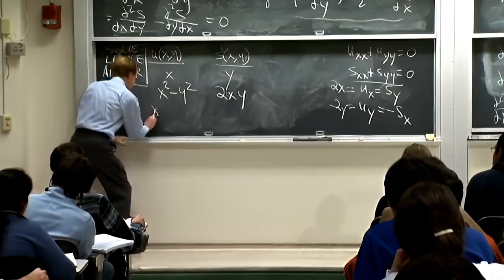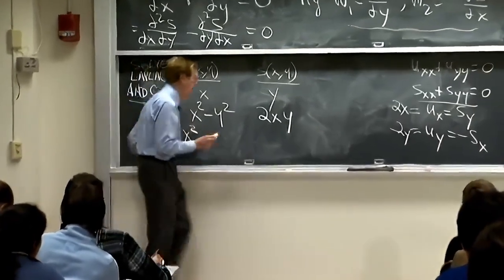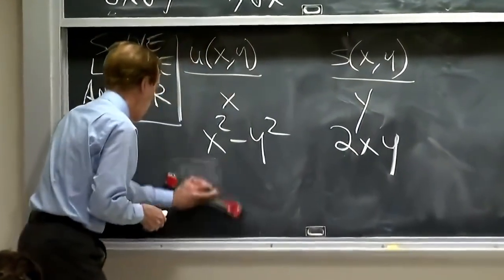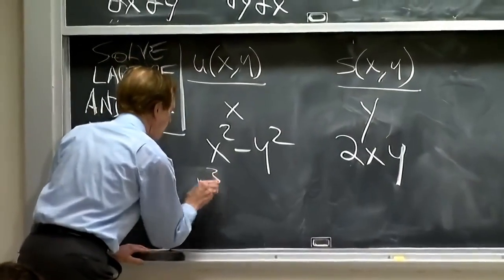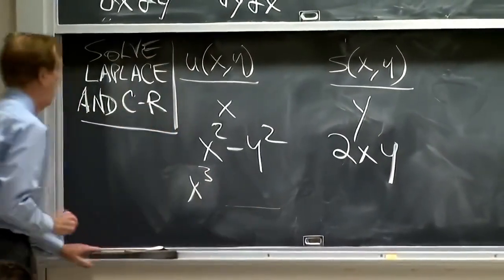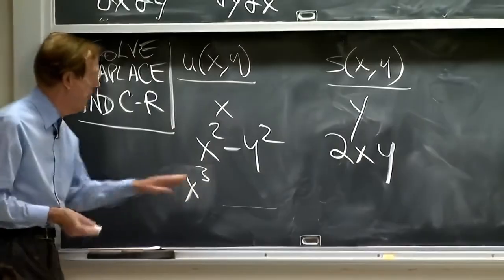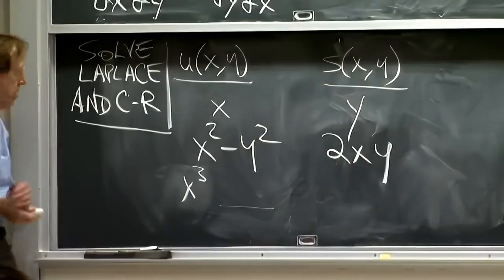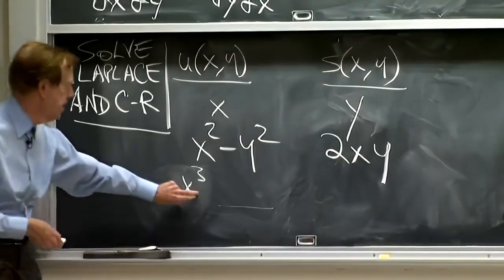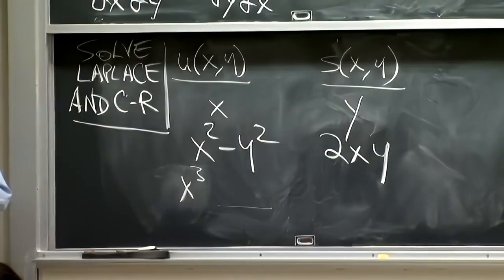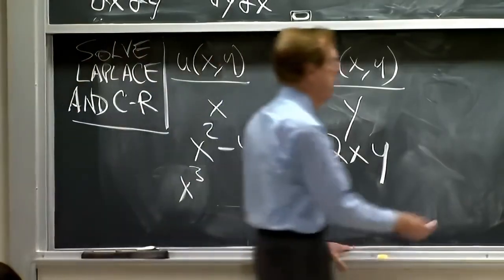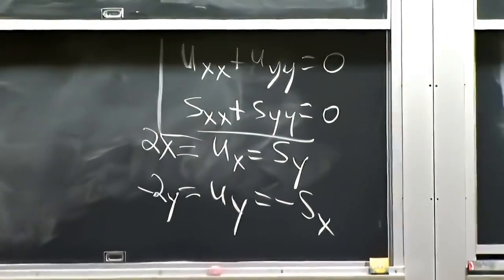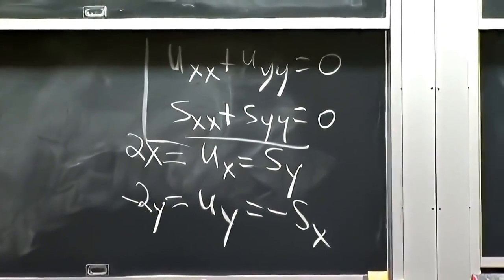It's some x cubed, and then I'm going to need some more stuff, because x cubed by itself certainly won't work. I want to plug it into Laplace's equation and figure out what it should be. So when I plug this into Laplace's equation, what do I get? Let me do Laplace's equation over here to try to get the u of degree 3.